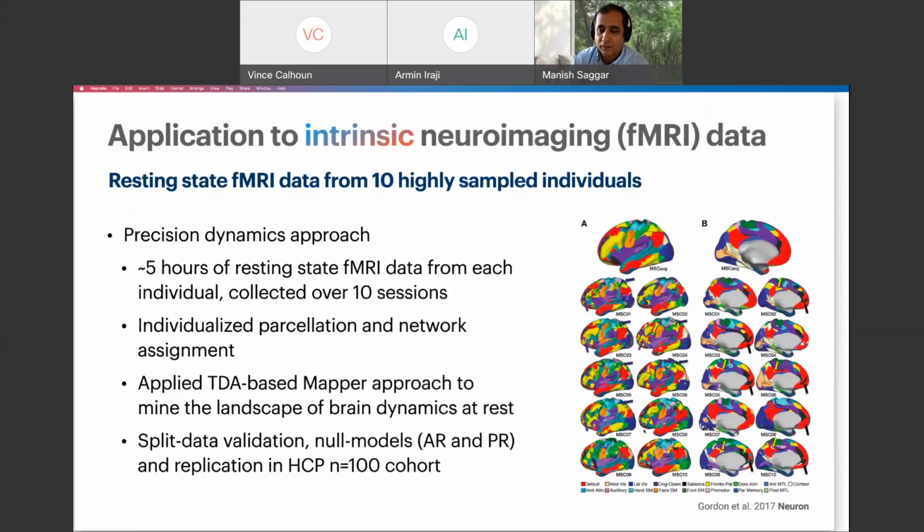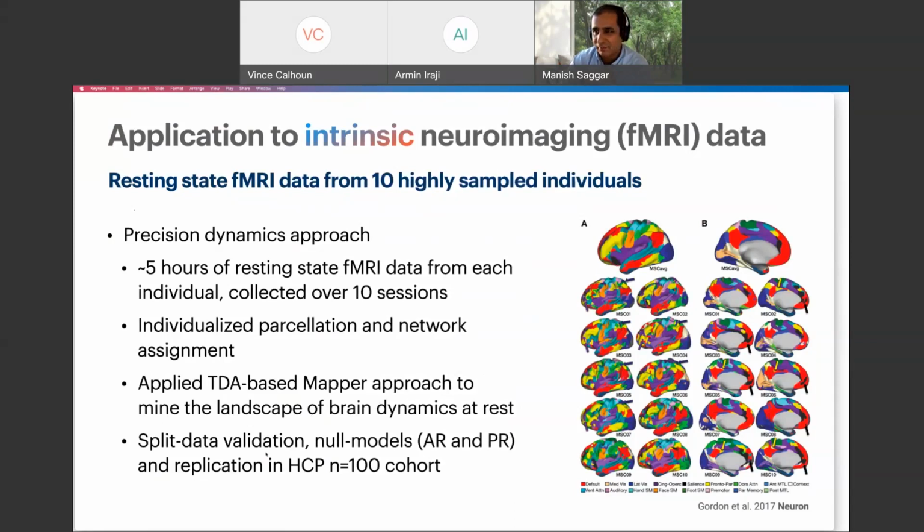So in this particular paper, rather than sticking to the vertex level or voxel level, the features or the input to mapper were individualized parcels. So we used it because they had this nice individual parcellation. So we stayed at this slightly lower dimension rather than going to 300,000 voxels or whatever, or surface vertices. We went to about 600 parcels. And then we applied the mapper approach again, similar to the evoked task fMRI data.